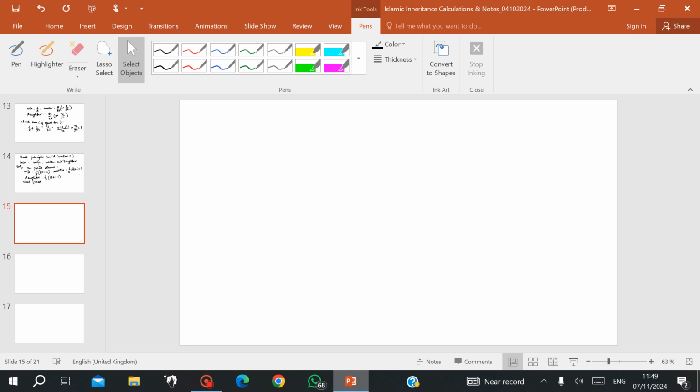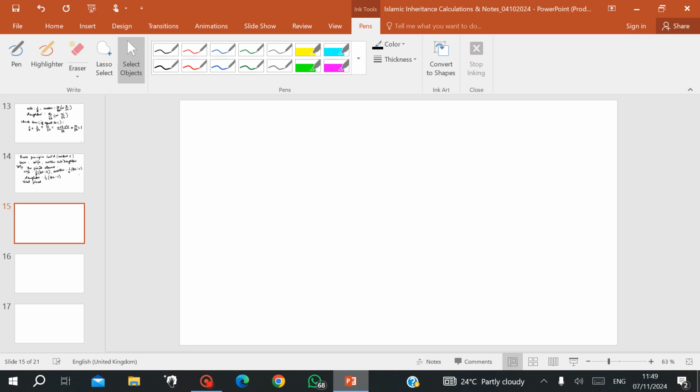Then the third case we were dealing with was the case of radd or return, where the sum of the fixed shares is less than 1 and there is residue and there are no residuaries to return the residue to. In that case, we are returning the residue to the fixed sharers in proportion to their fixed shares. We have dealt with the first method where we calculated the radd portion of that share, what the ones entitled to radd will get, and then we add it to their fixed shares.